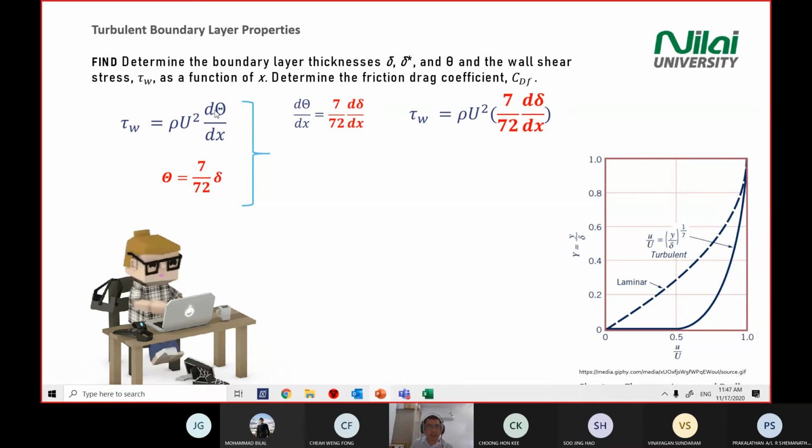Put this one in like a Lego plate, and it transforms into this one. Shear equal to rho u square times what we developed just now, a constant value times the thickness gradient.